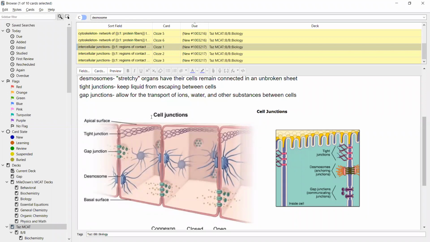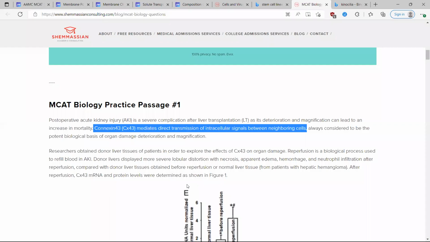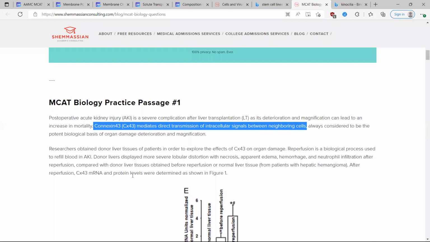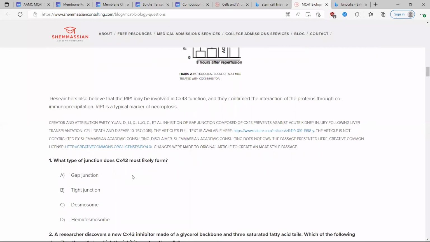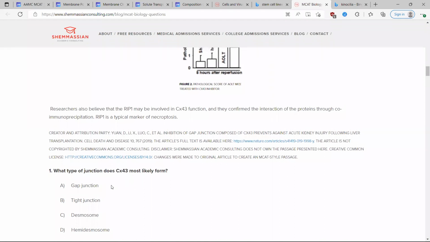Right, it's a gap junction. The gap junction is the one that allows molecules to pass between neighboring cells, right? So notice that even though this passage is quite in depth, the first question is merely testing your content knowledge.